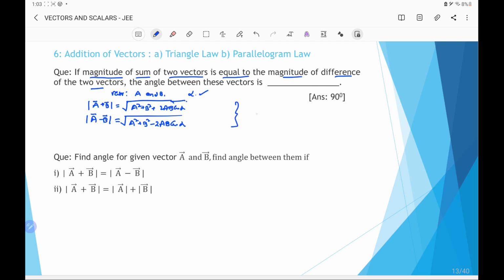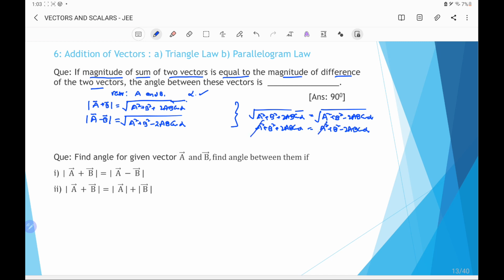So, we can have square root of A square plus B square plus 2AB cos alpha is equal to square root of A square plus B square minus 2AB cos alpha. On squaring both sides, it will be A square plus B square plus 2AB cos alpha, that is equal to A square plus B square minus 2AB cos alpha.